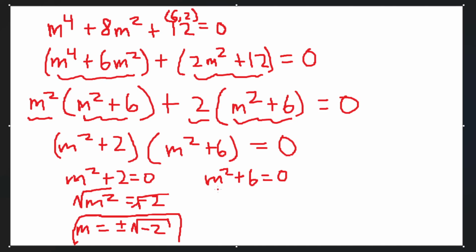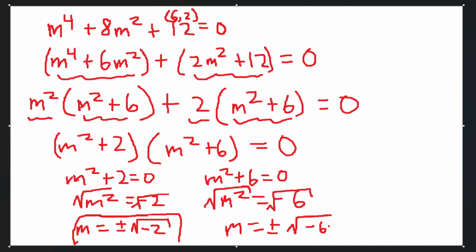So now to solve the m squared plus 6 equals 0, we would do m squared equal to negative 6. And again, to get rid of the squared value, we would square root each side, and it would be m equals plus or minus square root of negative 6 for your other two answers.